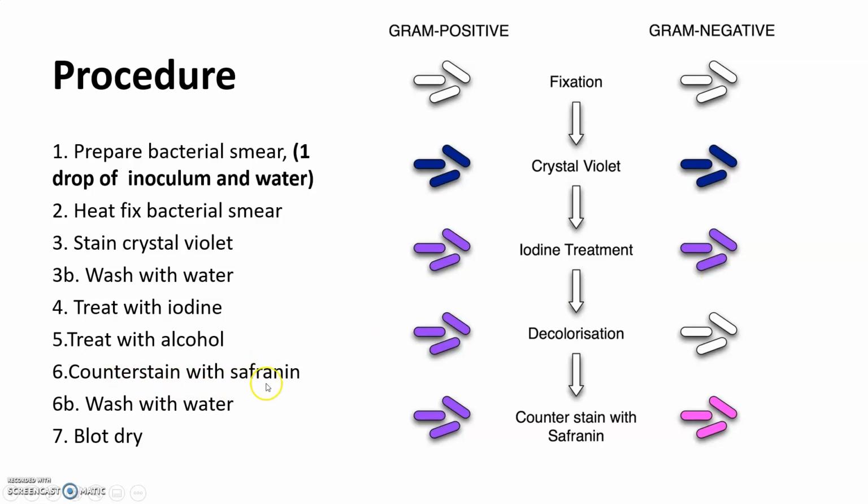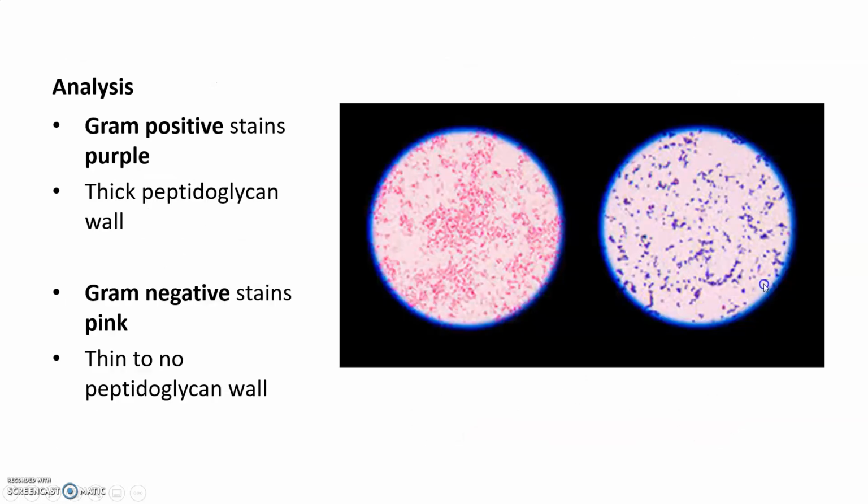And then you're going to counterstain with safranin. Wash with water, blot dry, and then you'll know if it's gram-positive or gram-negative, because gram-positive will be purple, gram-negative will be pink, because of the treatment with the decolorizer and the iodine. That's very important right there.